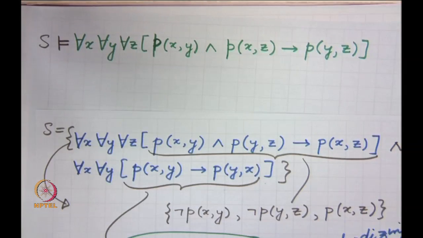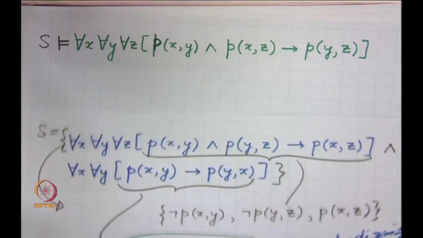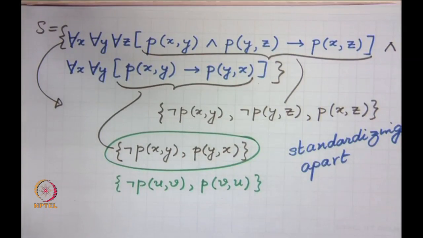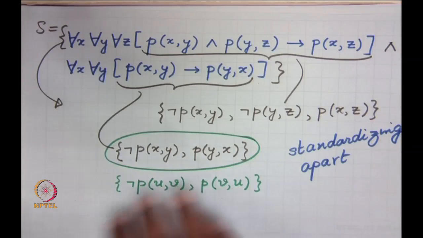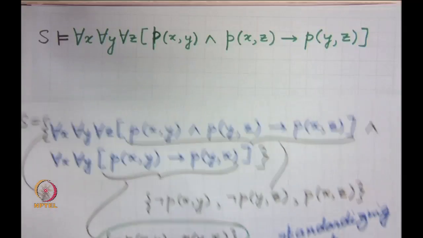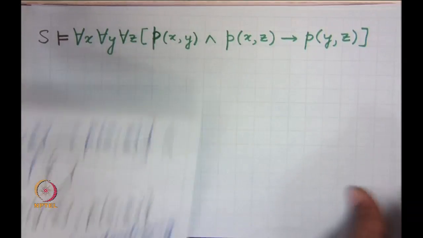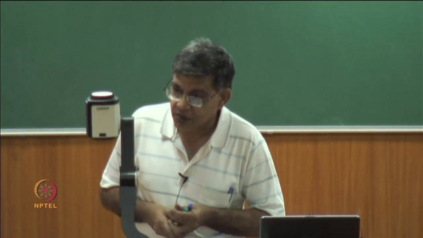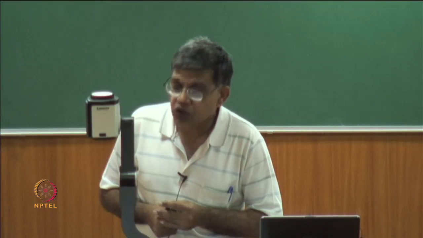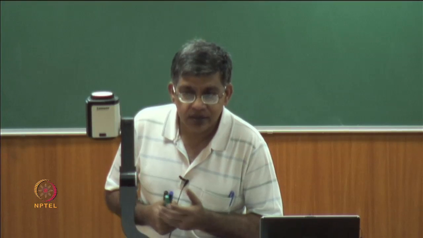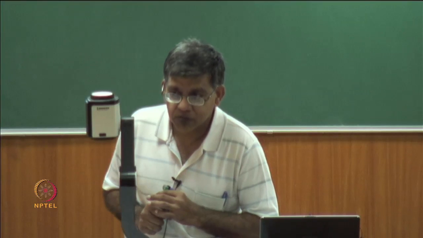Of course, what I said was that we are going to standardize apart, which means you are going to rename the variables. When you standardize apart, you no longer have it in Skolem conjunctive normal form.